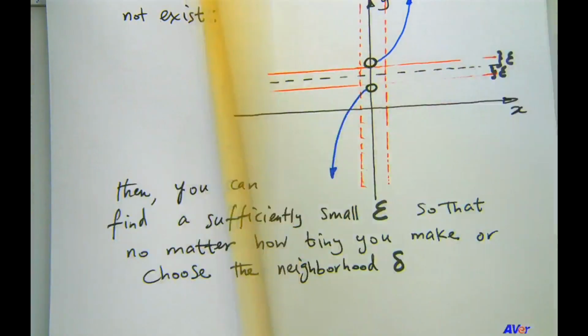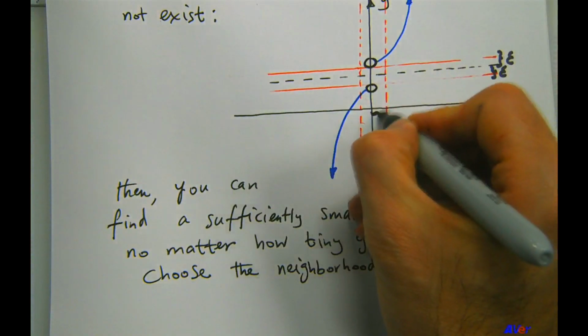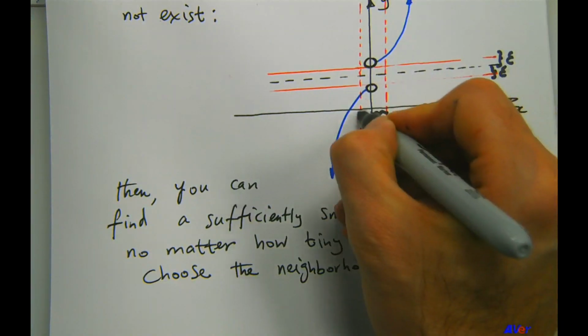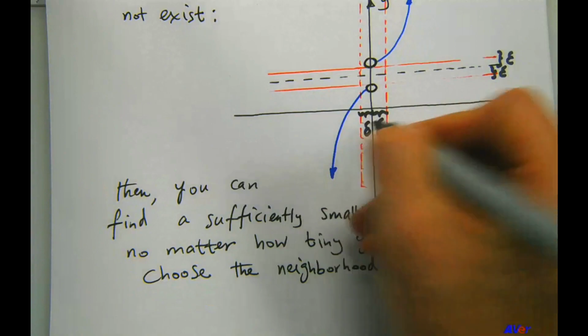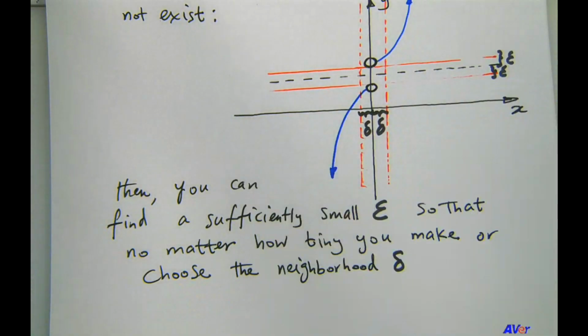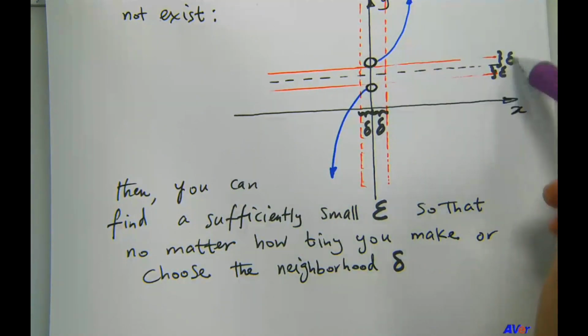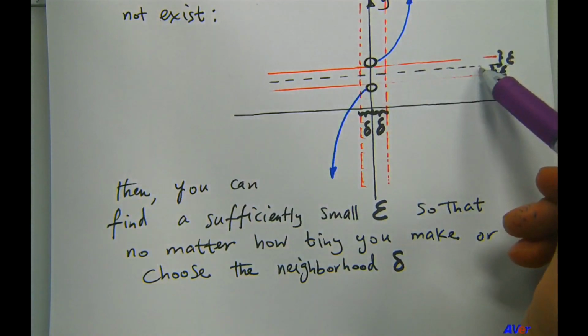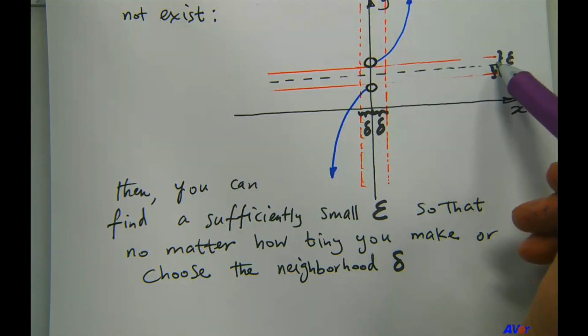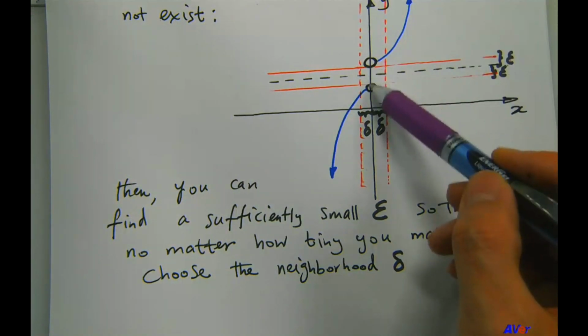Like that. And that delta would be this neighborhood and this neighborhood on either side of x equals 0. So if the limit does not exist, then you can find a sufficiently small epsilon, which I did, right? I made sure epsilon is small enough to be in this gap.